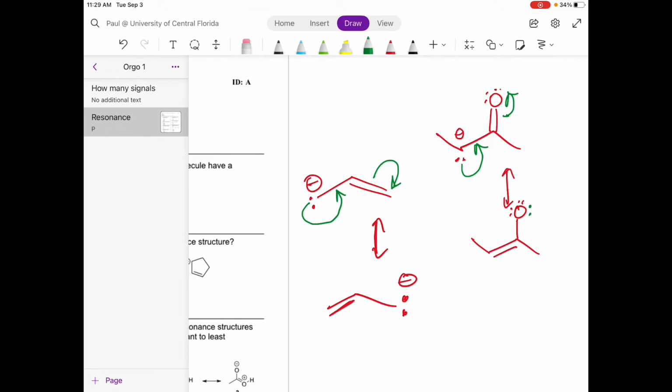Now I have a negatively charged oxygen atom that has a single bond with 3 lone pairs, so that has to be negatively charged. And when we take a look at this carbon right here, it was negatively charged there, but now what does it look like? It's neutral. Because remember, when you have an anion, how many hydrogens are there? There's a hydrogen atom right there. And that blue hydrogen is still there.